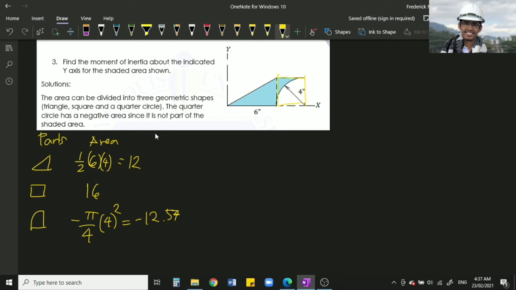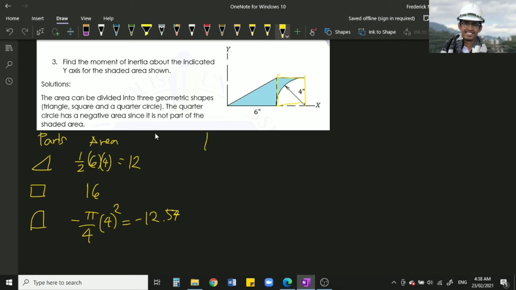Ngayon, kunin naman natin yung kanyang I. So, kunin na natin yung moment of inertia ng bawat parts para makuha natin yung kanyang moment of inertia ng buong ating figure with respect dun sa ating y-axis. So, yung kukunin natin will be with respect to the y-axis.